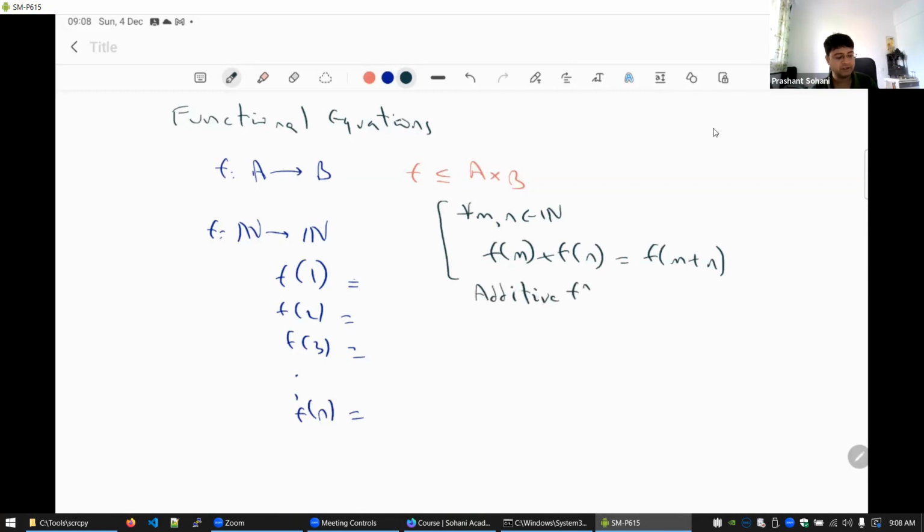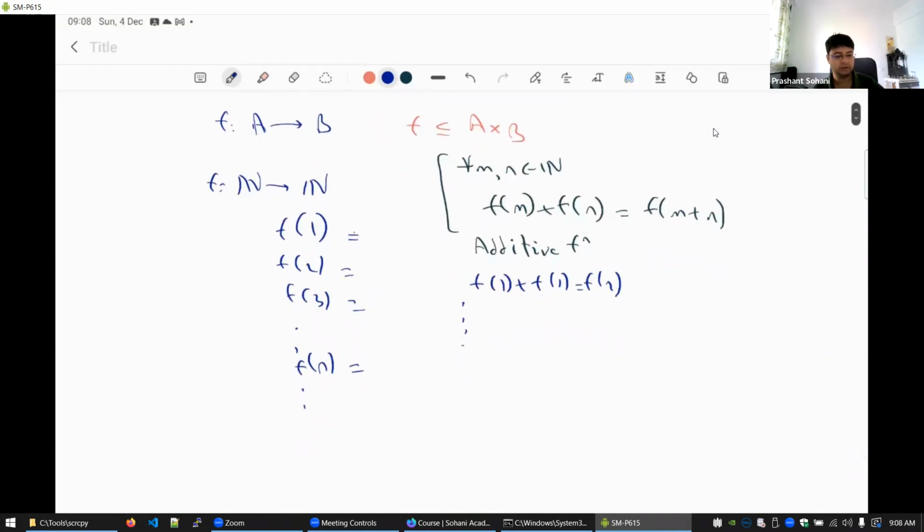And as I also mentioned last time, you can think of this as infinitely many unknown variables and infinitely many simultaneous equations, because with this information you can write all equations: f of 1 plus f of 1 equal to f of 2, etc. Any two numbers you can choose, you will get one equation. So this is just a simultaneous equation system with infinite unknowns and infinite equations. That is one way to think about functional equations.